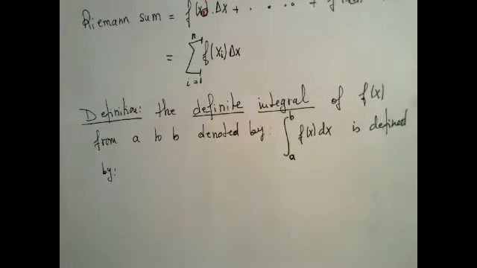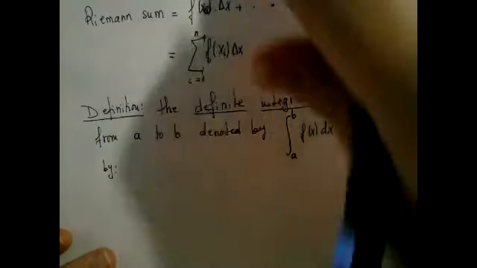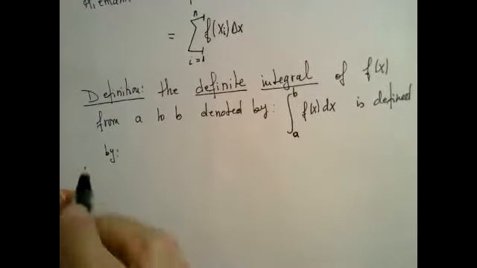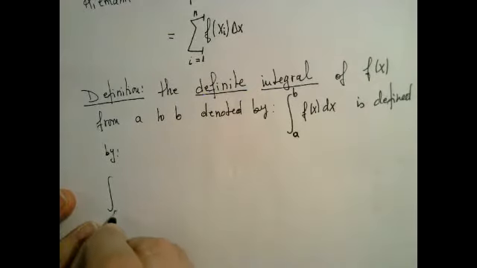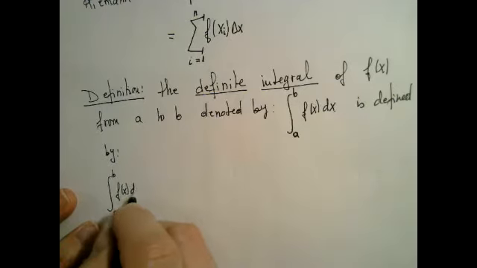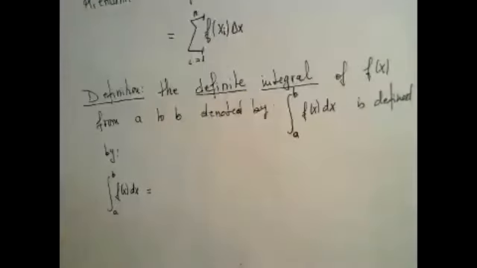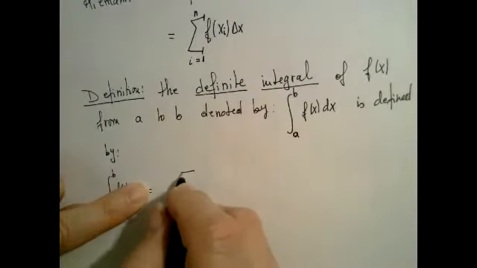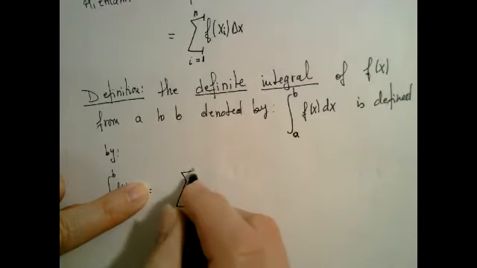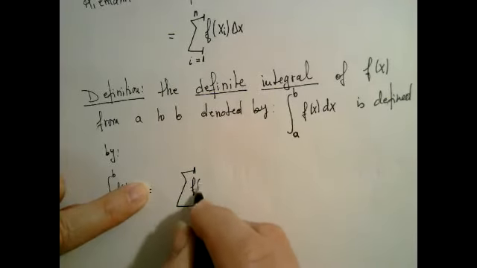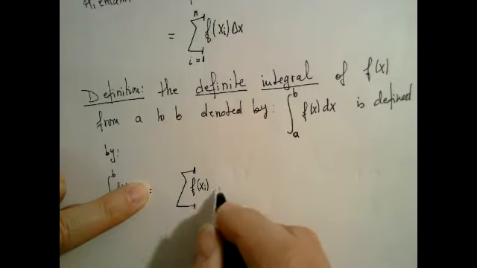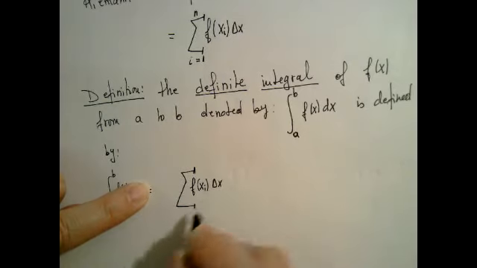So the definite integral is actually weird because it's the definition of this sum. The definite integral is equal to nothing more than those Riemann sums. So you evaluate those Riemann sums for 10 subdivisions, 100 subdivisions, a million subdivisions.